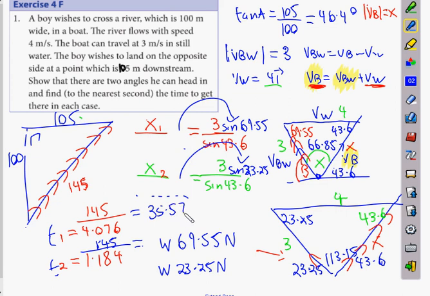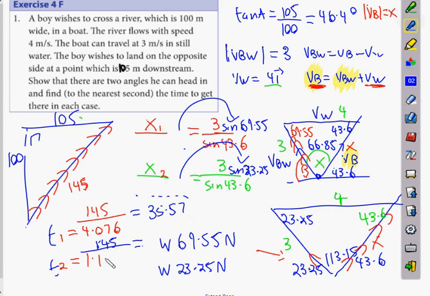Around the 100 mark somewhere. x2 is meant to be 1.71. So there's a modification on that. 1.71.